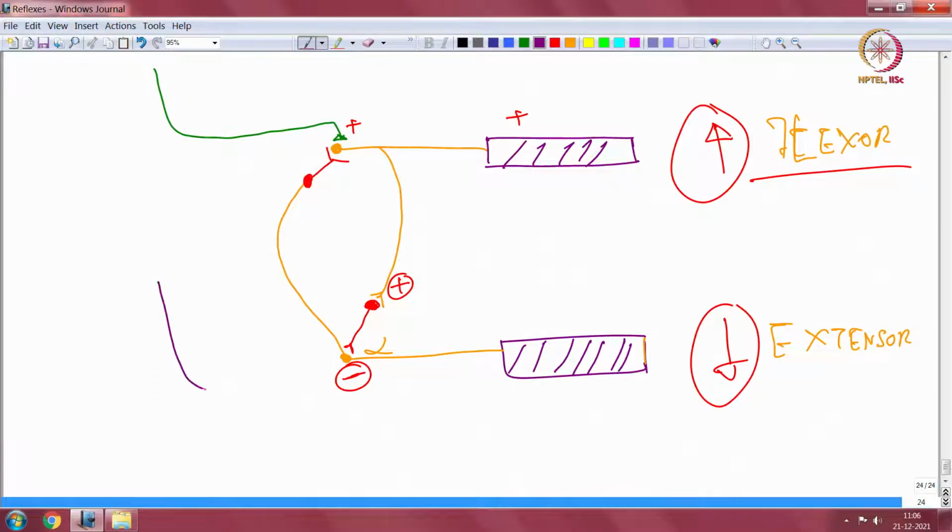In contrary, you can also have, say for example, isometric contraction. So, you have a signal which is coming simultaneously. So, you have signal coming from here too, and this is getting stimulated, but this is getting inhibited, and then you generate an equilibrium.